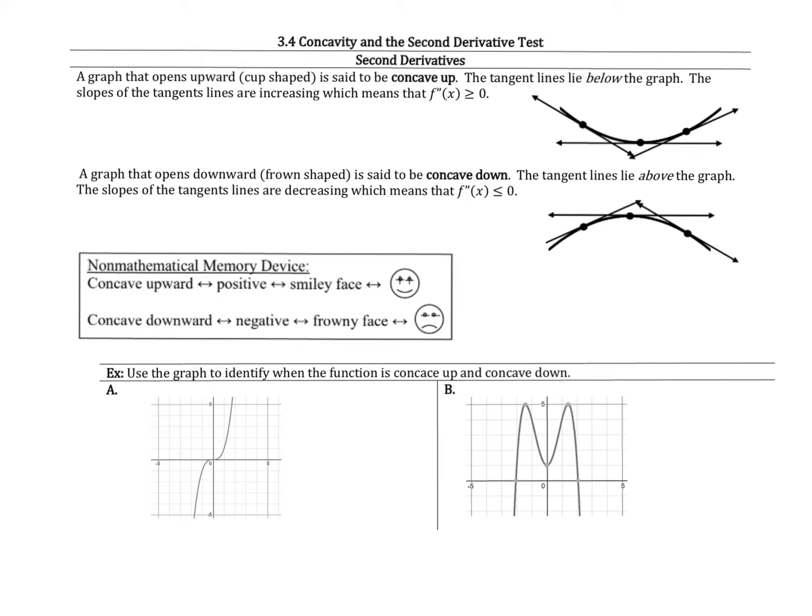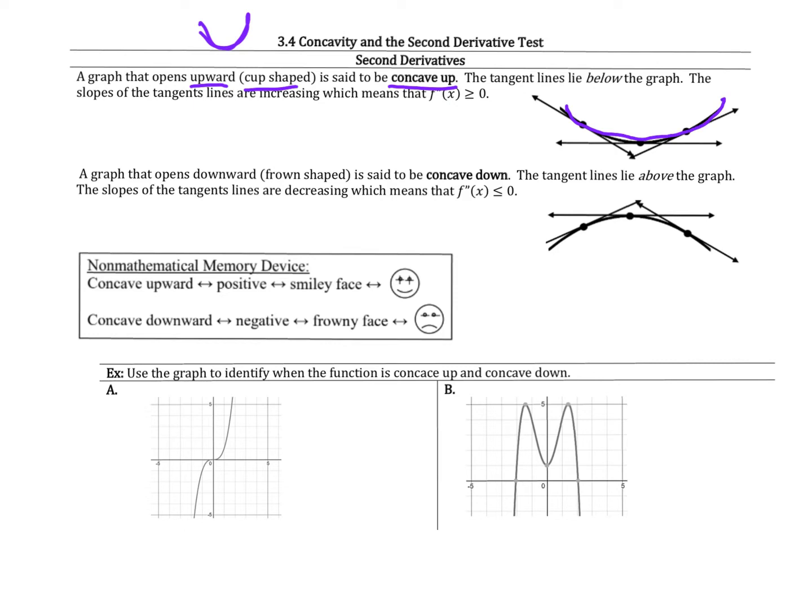So a graph that opens upward, or that is cup-shaped, U-shaped, is said to be concave up. You can see this curve here, it is opening upwards, it is looking like a cup.